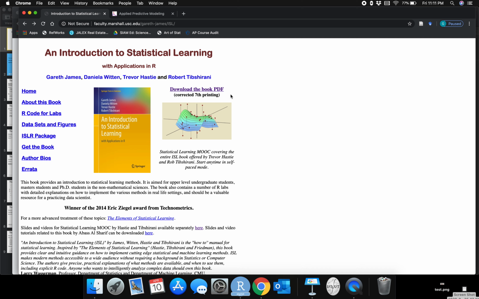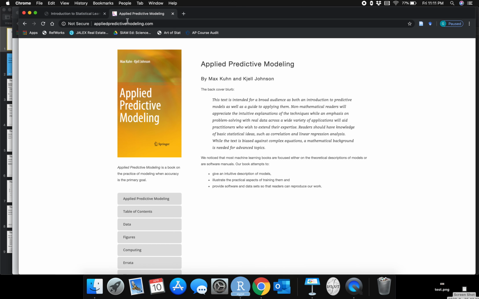So this is the book that we're going to be using, and I'm also going to take material from another book that goes over the same sort of topics but at a higher level, called Applied Predictive Modeling. This book is not available for free, I don't think.